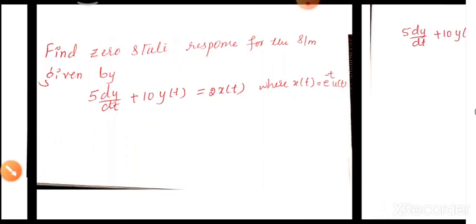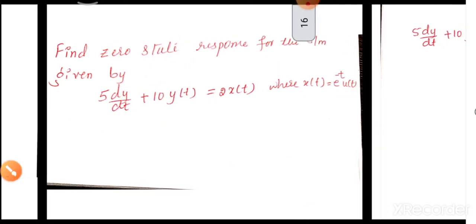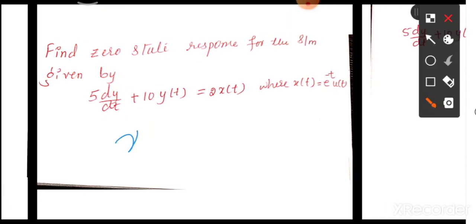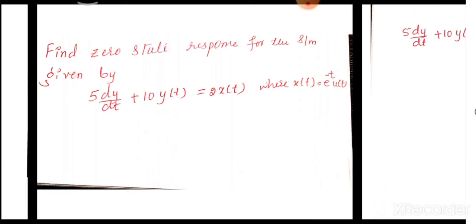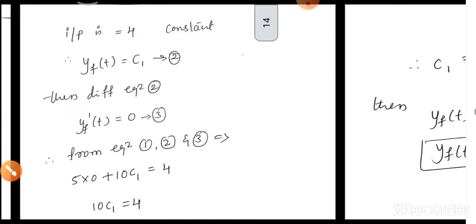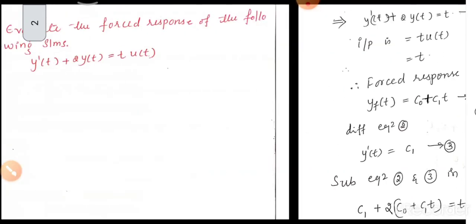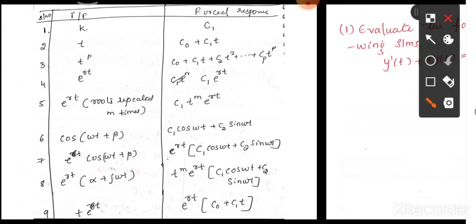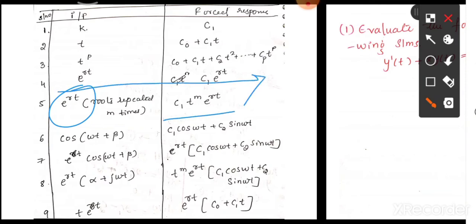Then we can say that we can directly take the input form, that is e^(-t), when the roots are not repeated. When the roots are not repeated, we take the forced response as c1 e^(rt).